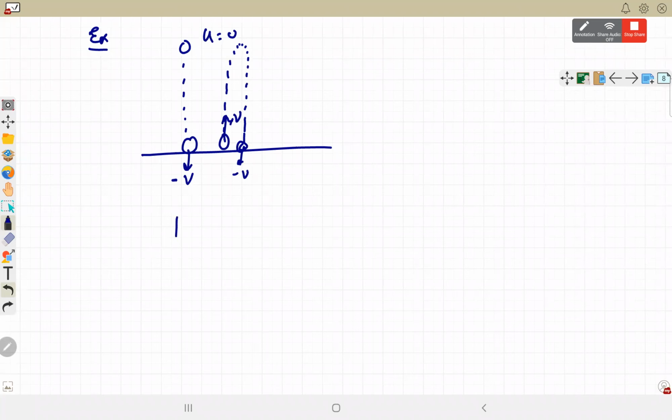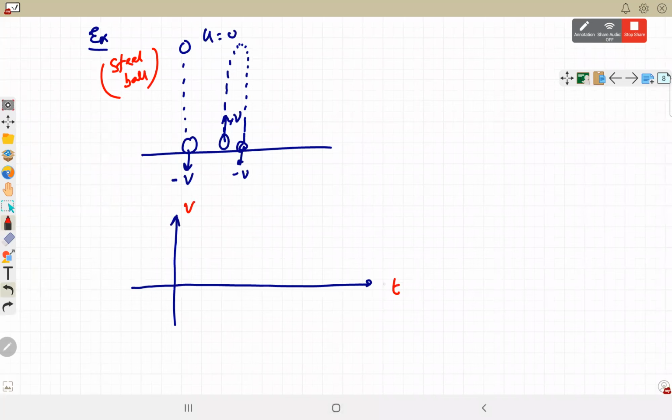So in this case, assuming this collision is perfectly elastic and this is a hard quartz ball or steel ball, it will bounce immediately as it collides, at the same time. So initially 0 to minus v, and then minus v to plus v. Again plus v to 0 to minus v, then again it bounces back. So this will be the kind of graph.